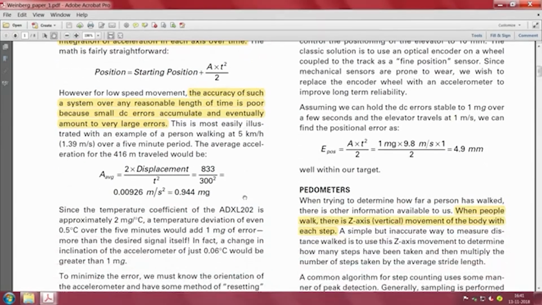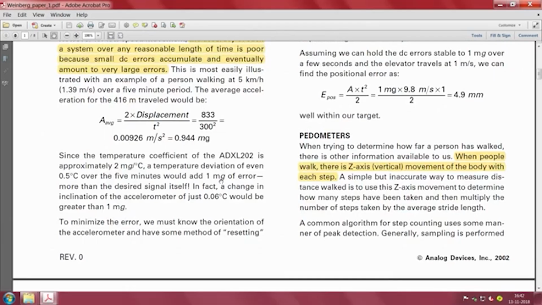Then they take an example and show that there is indeed an error, even if you consider the accelerometer and its temperature coefficient. It says the temperature coefficient of the ADXL is approximately 2 mg per degree Celsius.